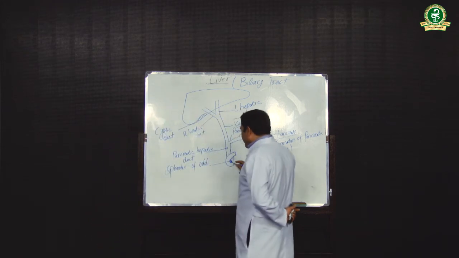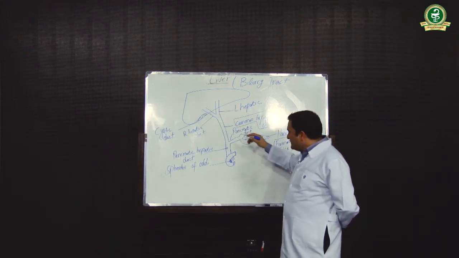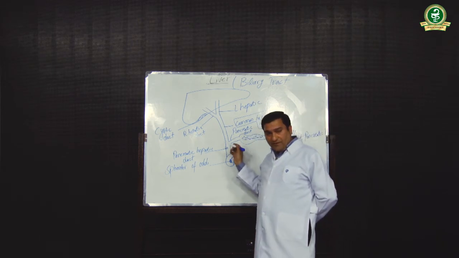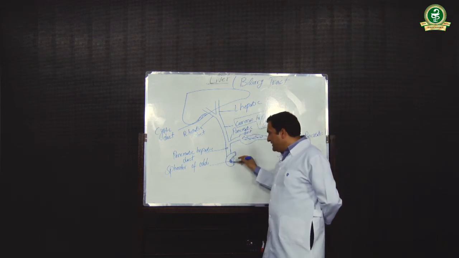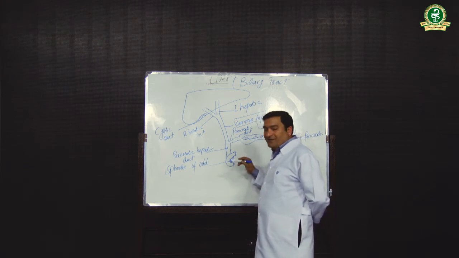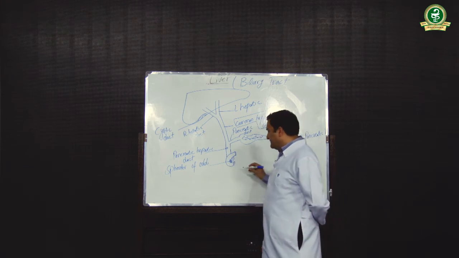Through the sphincter of Oddi, the bile juice coming from the liver and the pancreatic juice coming from the pancreas enter the small intestine, known as intestinal juice.